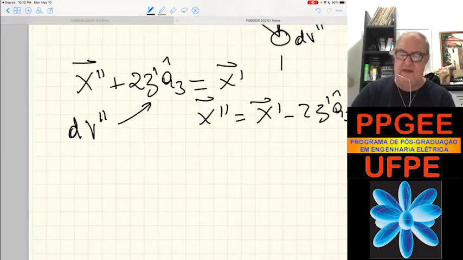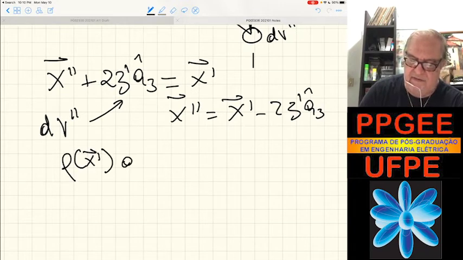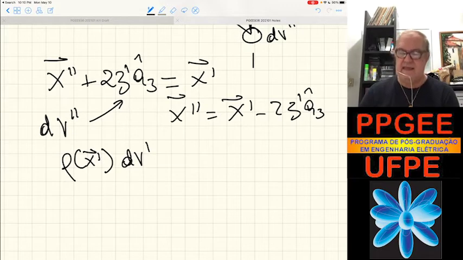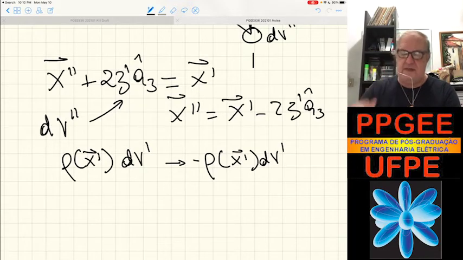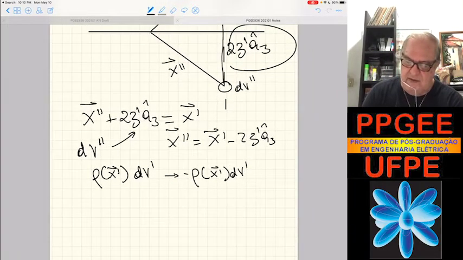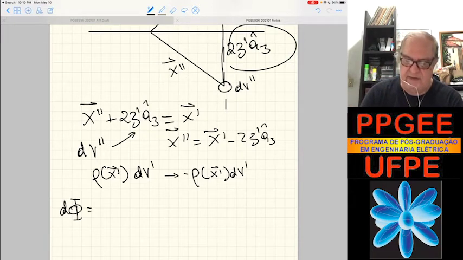So when doing the image method, when you have a charge rho of x prime dv prime, that gives a corresponding image, minus rho x prime dv prime. So the potential for the two elements, the original plus the image, would be something like this.